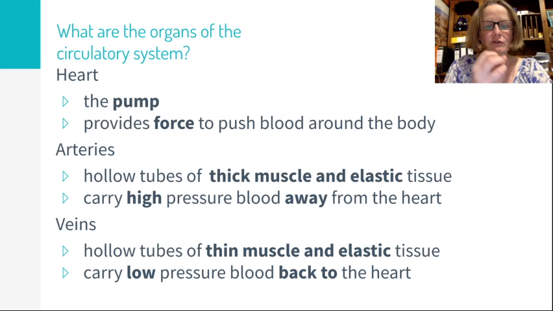We want those arteries to be able to stretch and then recoil to continue pushing that blood to where it's needed. Now, veins are hollow tubes with only thin muscle and thin elastic tissue, and they are the tubes that bring the blood back to the heart. And at that point, it's at very low pressure, so they don't need to be thick or muscular and elastic.